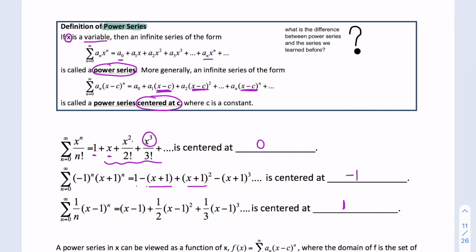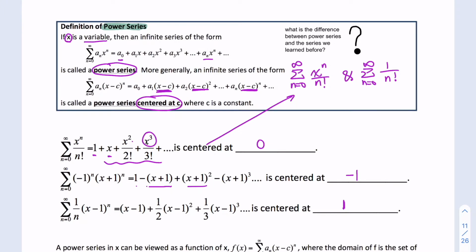So right now in chapter 8, we learned so many different types of series. What's the difference between what we are learning now and the series we learned in the first part? For example, sigma n equals 0 to infinity x to the n over n factorial, this example. And the series we learned before, how do you test the convergence of 1 over n factorial?